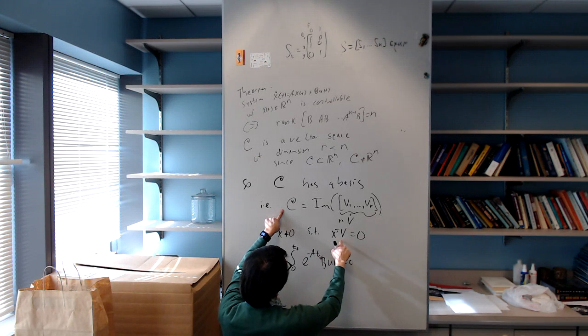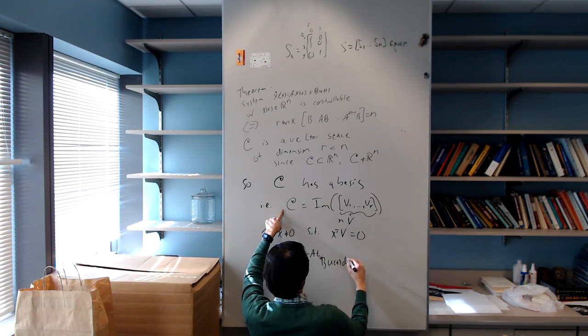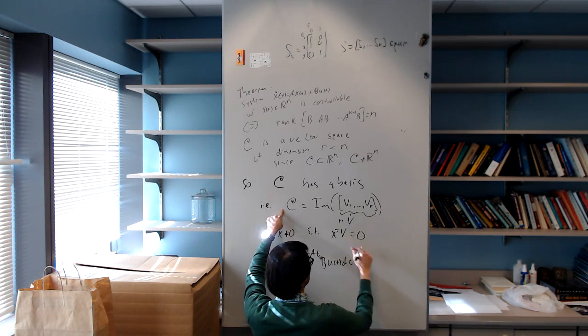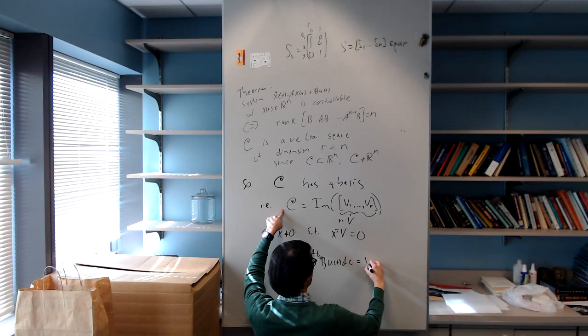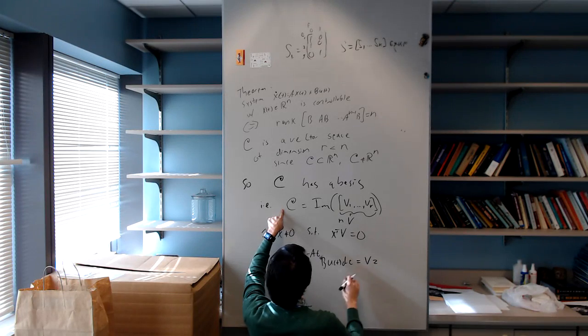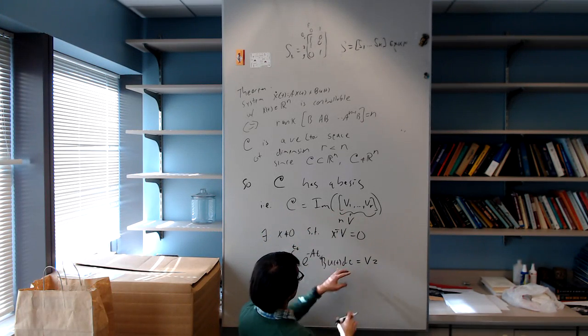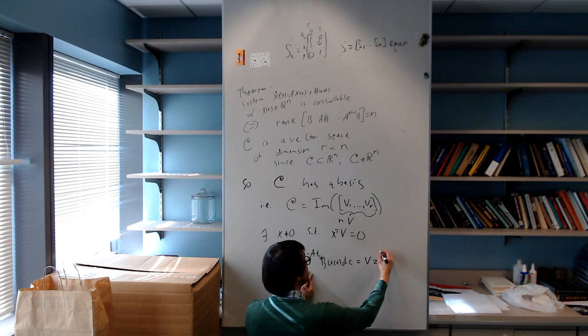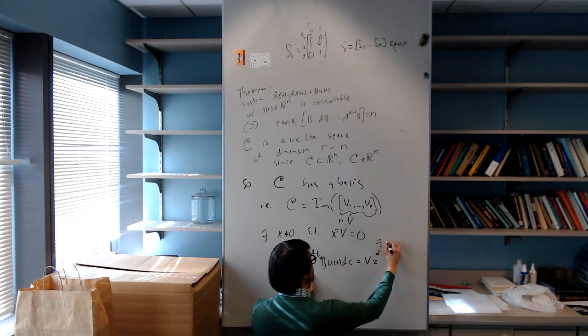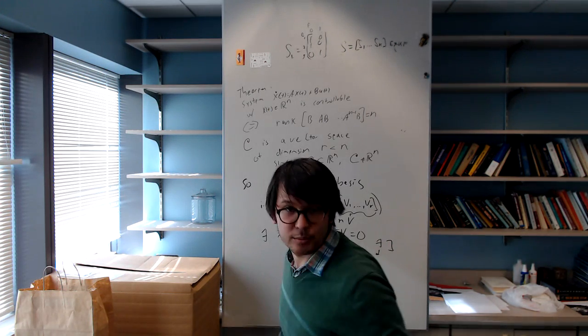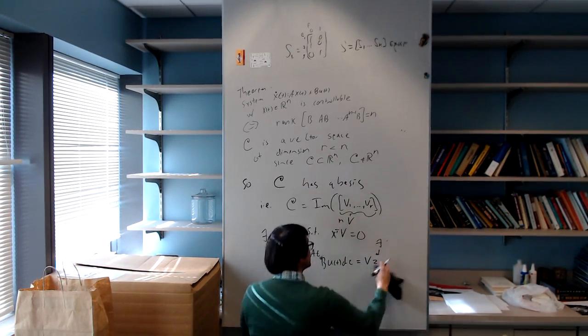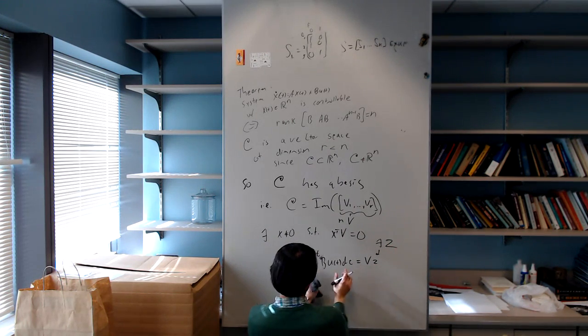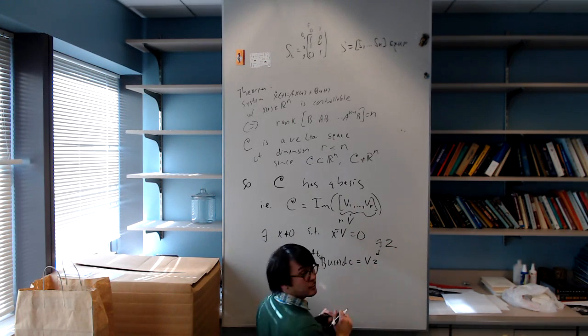And because it's in the image of this basis, what that means is that for any u that I put in, there exists a z so that this thing is equal to Vz.